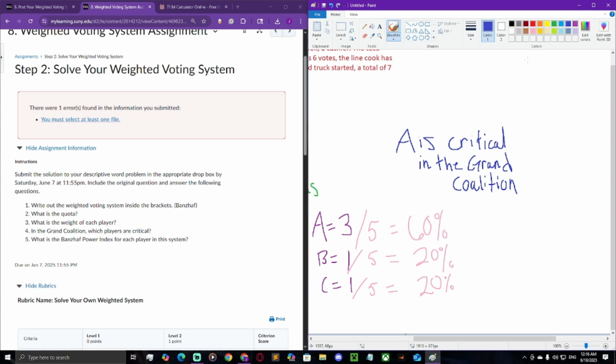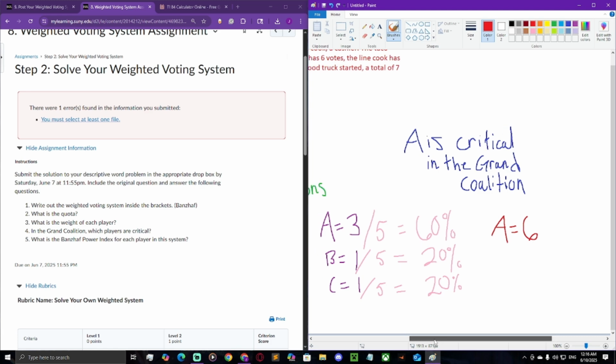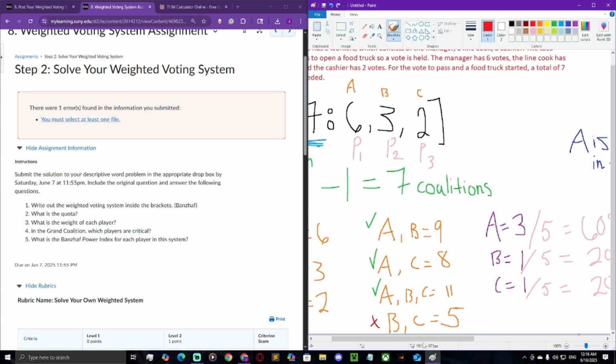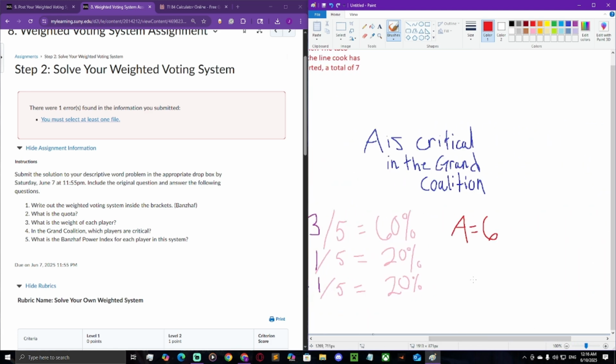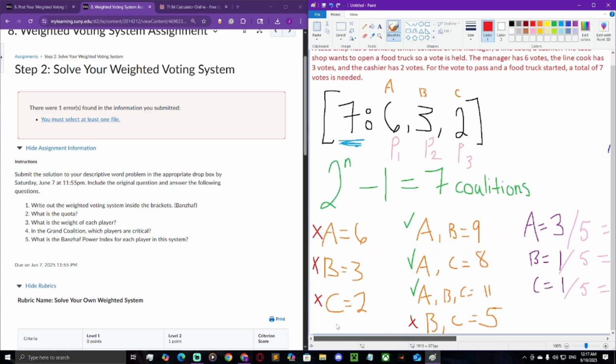The weight, just in red, is A equals 6. But this goes back to how many votes they have. Of course, weight is just another word for votes. B equals 3. And C equals 2.